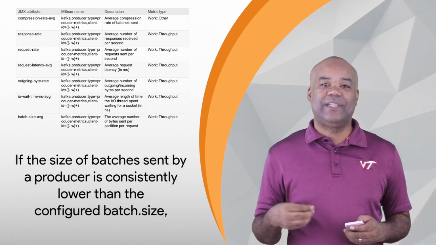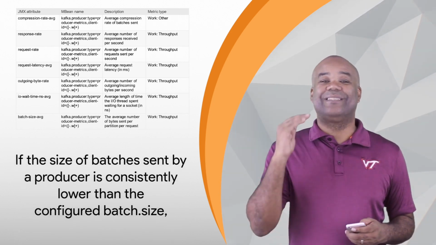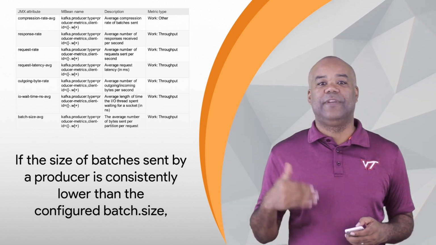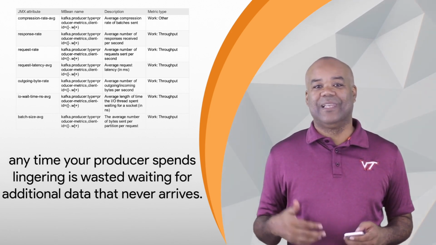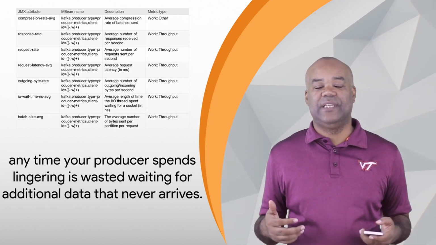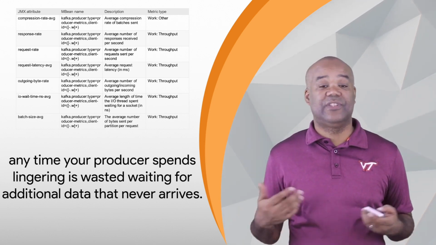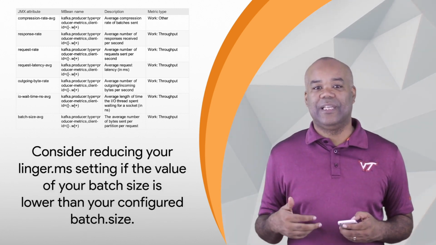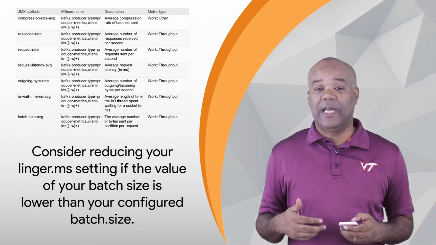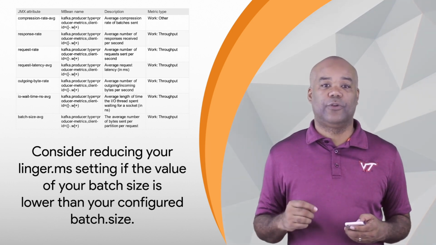So if the size of batches sent by a producer is consistently lower than the configured batch size, then any time that your producer spent lingering is wasted waiting for additional data that's never going to come. So consider reducing your linger.ms setting if the size of your batches is lower than your configured batch size.